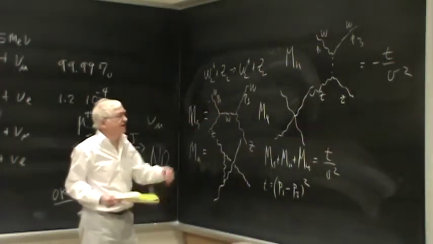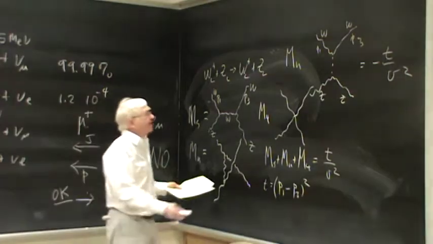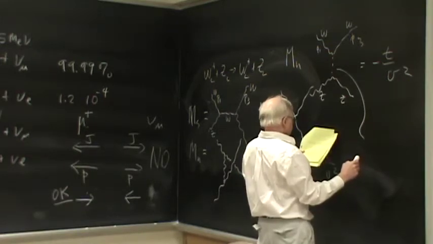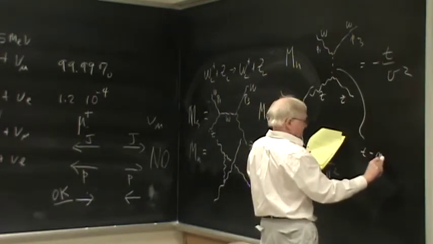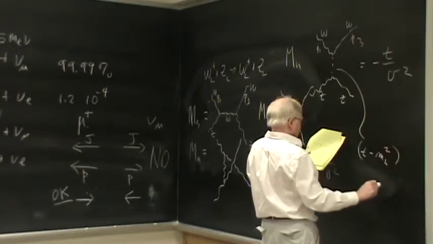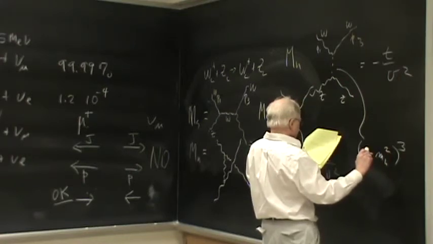You see this Higgs term here, it's T minus the mass of the Higgs squared, roughly that cubed.